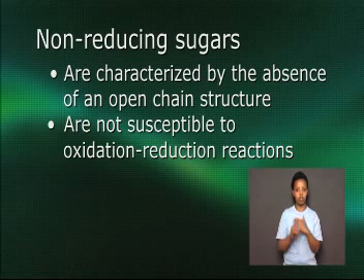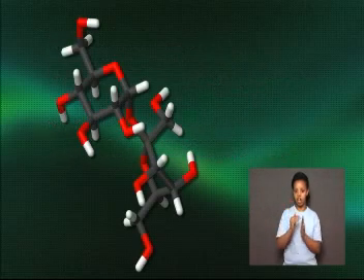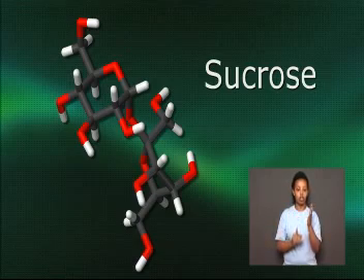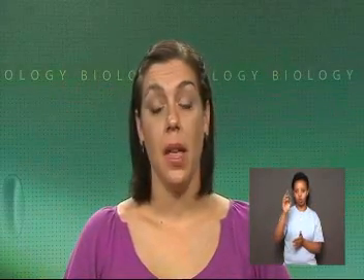Non-reducing sugars are characterized by the absence of an open chain structure, so they are not susceptible to oxidation-reduction reactions. The most common non-reducing sugar is sucrose. Generally, Benedict's test shows the presence of aldehydes and alpha-hydroxy ketones, including those that occur in certain ketoses.